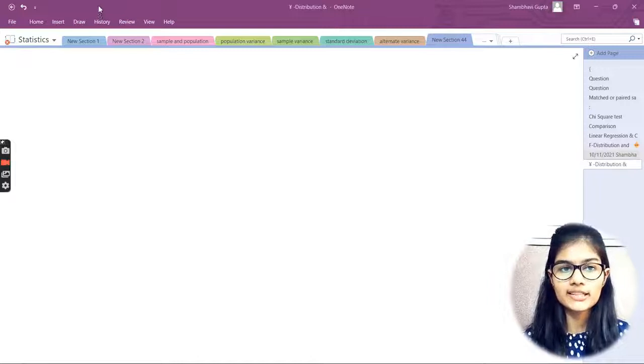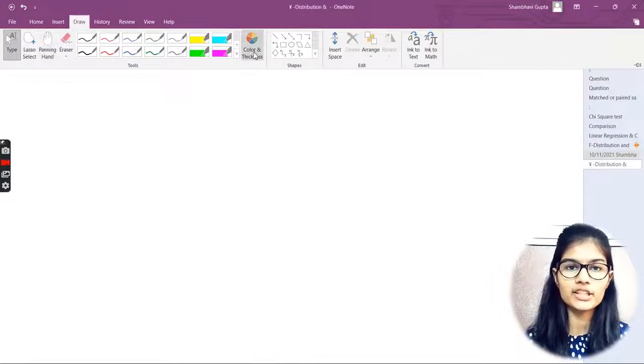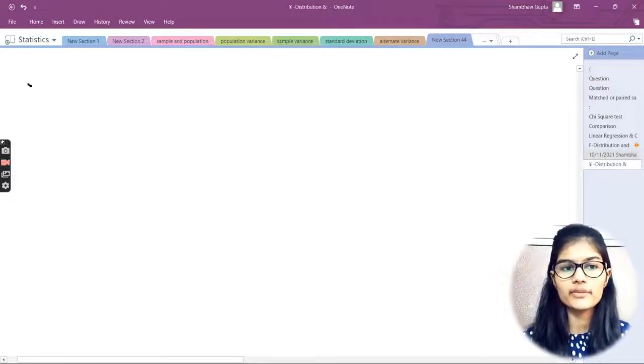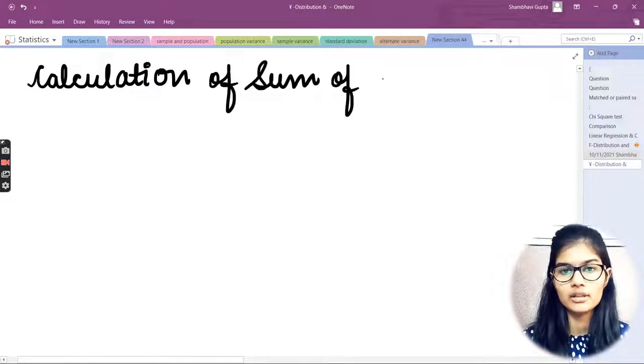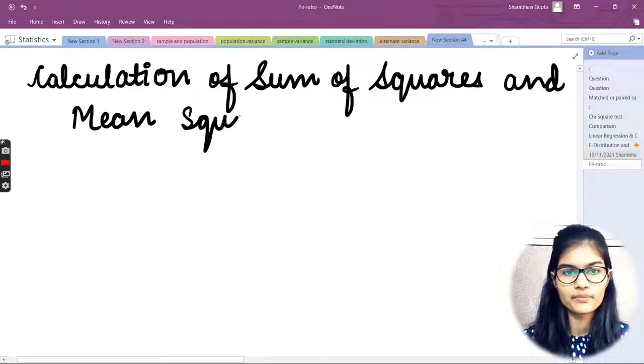As we already discussed the mean of squares and sum of squares, all the things we are already familiar with, right? So now I'll be discussing one of the very important topics today, and that is the calculation of sum of squares and mean square.